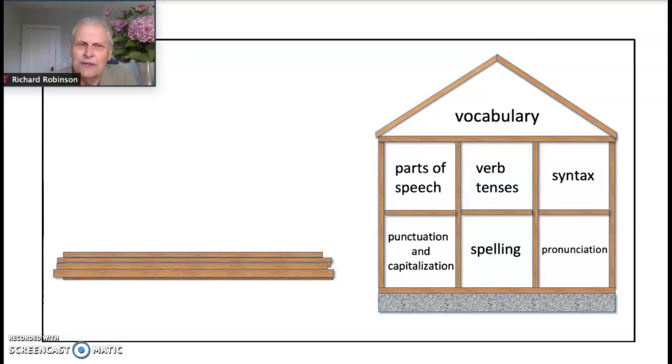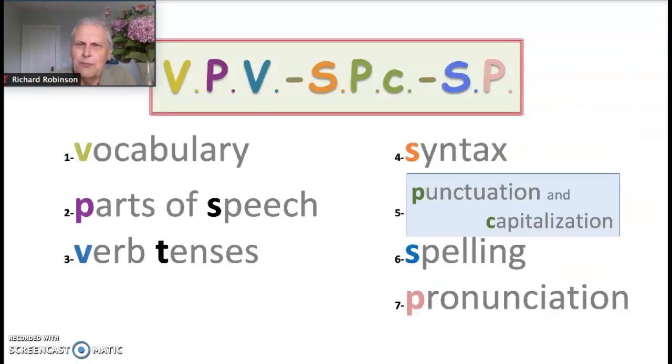So if you've looked in my Canvas shell, you've seen this banner, VPV, SP, and a small c, SP, or you can just think of it as VPV, SP, SP, to try and remember it. And the V stands for vocabulary, the P stands for parts of speech, this V stands for verb tenses, this S stands for syntax, the P and the C are punctuation and capitalization, which go together.